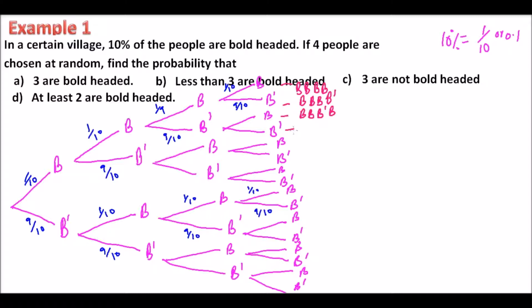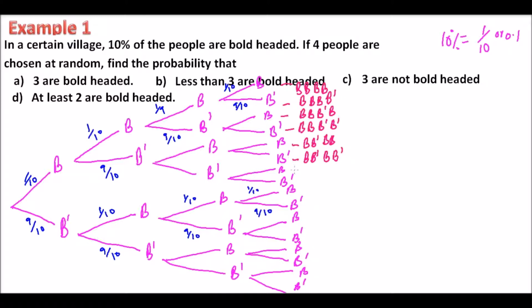Then B, B, not bold-headed, not bold-headed. Then B, not bold-headed, B, B, then B, not bold-headed, B, not bold-headed.